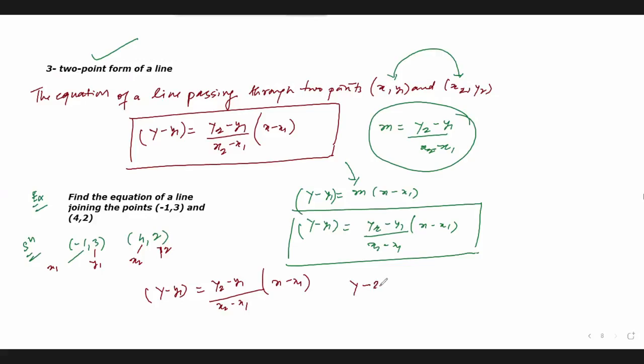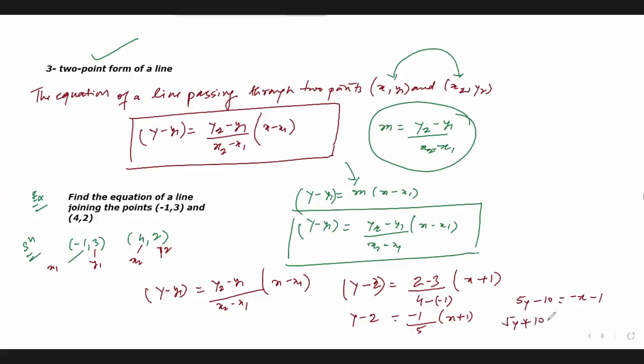So y minus 3 is equal to 2 minus 3 divided by 4 minus of minus 1 and x minus of minus 1, x plus 1. So y minus 3 equals -1/5 into x plus 1. So it will become 5y minus 15 equals minus x minus 1. So this will be my required equation.